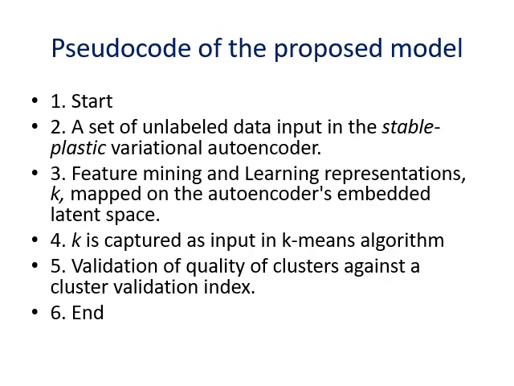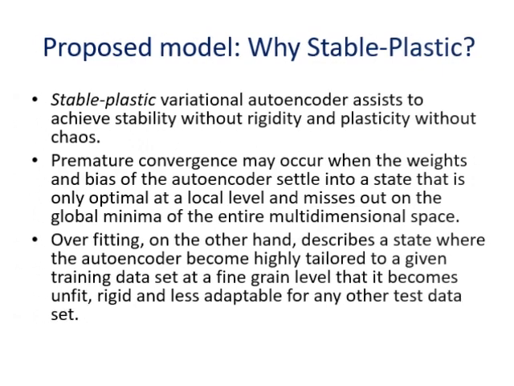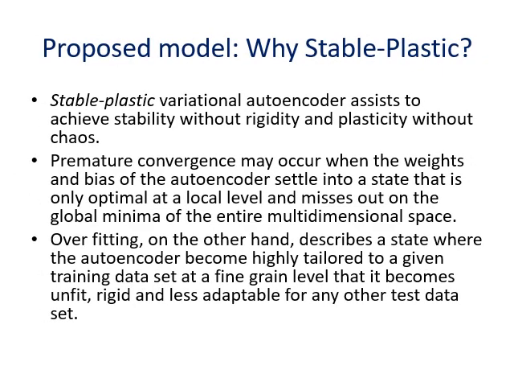Next, the biggest question probably most of you would ask us is, why are you using stable plastic? The stable plastic variation autoencoder assists us in achieving stability without rigidity, and plasticity without chaos, in our model.